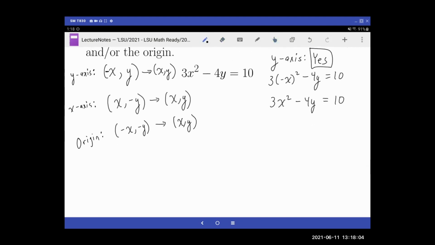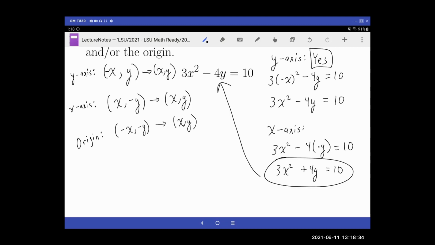To check the x-axis, we're going to change the y value. Leave the x value alone. Okay, so 3x squared, negative 4 times negative y is a positive 4y. Okay, and compare that to the original. They're definitely not the same, right?